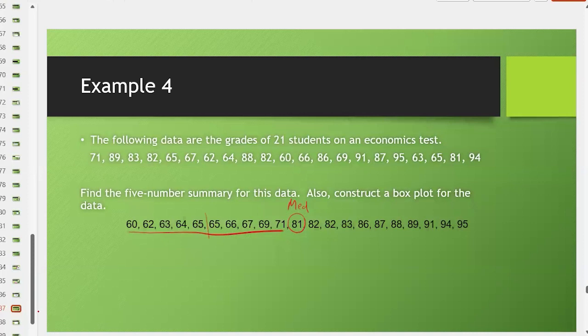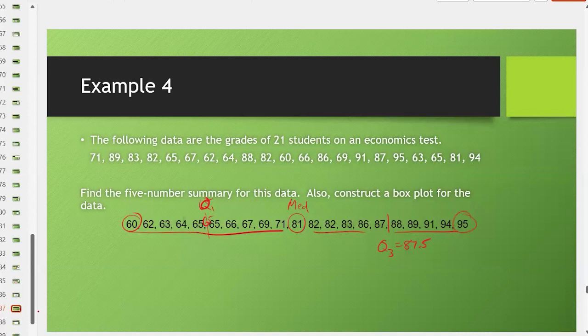That's going to be Q1, which in this case would be 65. Split the second half of the data, that'll give us Q3, which would be 87.5, 87 plus 88 divided by 2. And so now the 5-number summary: the minimum is 60, the maximum is 95.